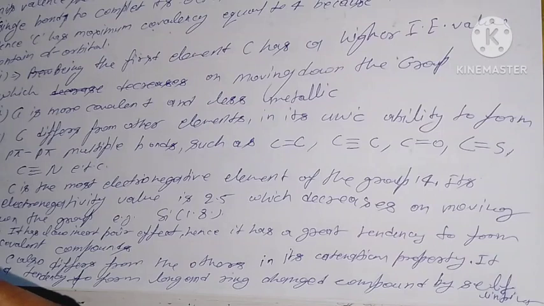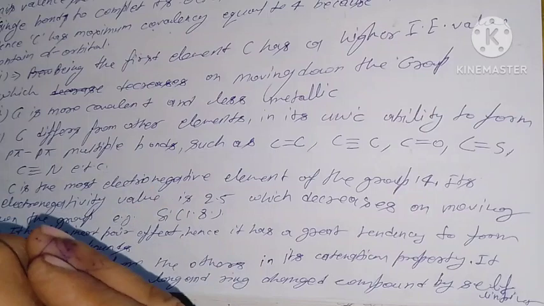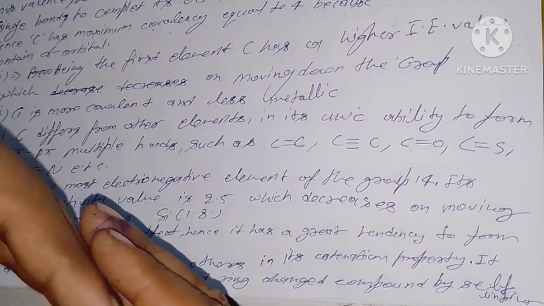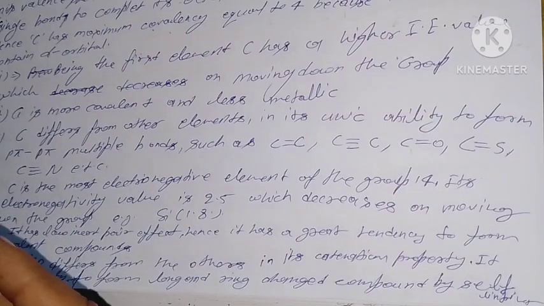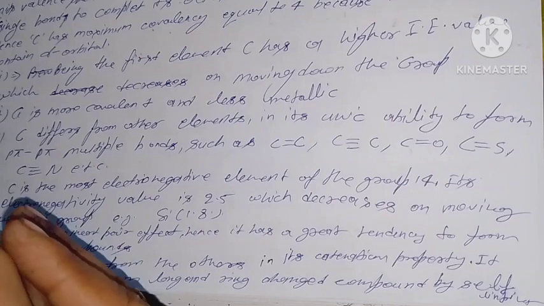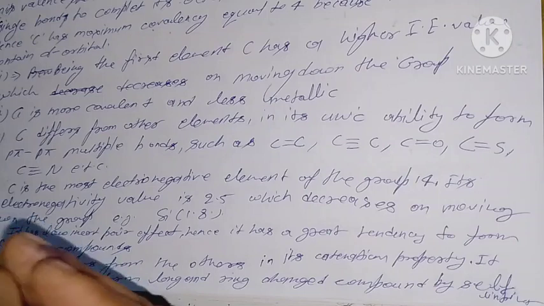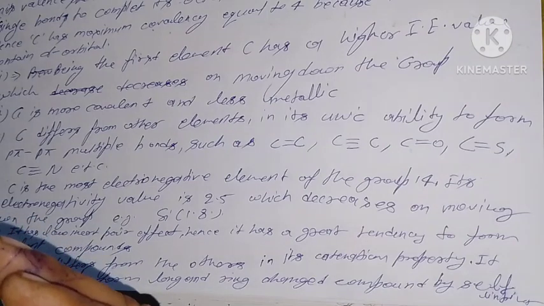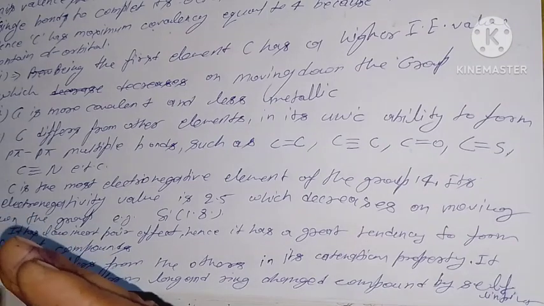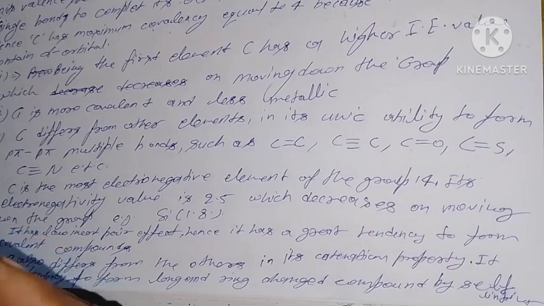Its electronegativity value is 2.5, which decreases on moving down the group. Example, silicon 1.8. It has a low inert pair effect, hence it has a great tendency to form covalent compounds. Carbon also differs from the others in its catenation property. It has a tendency to form long and ring chain compounds by self-linkage.